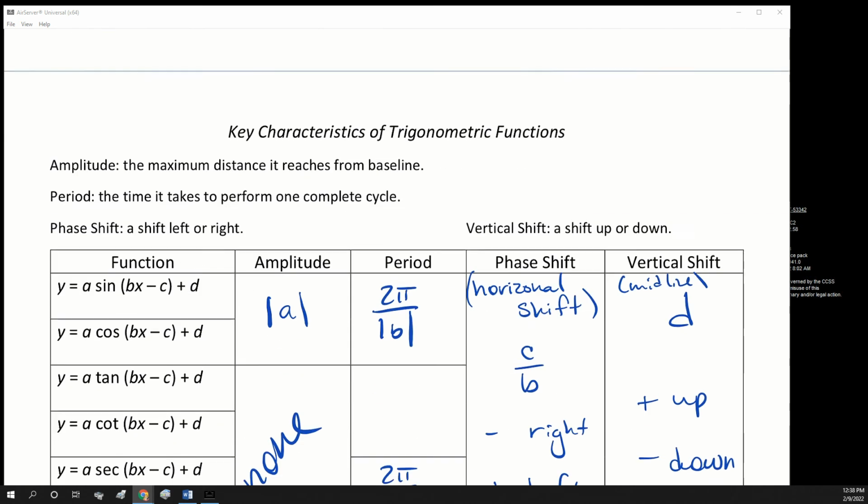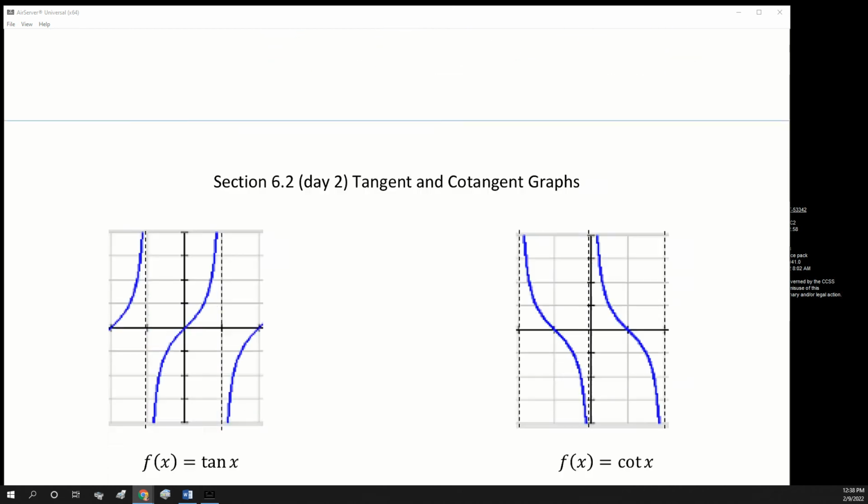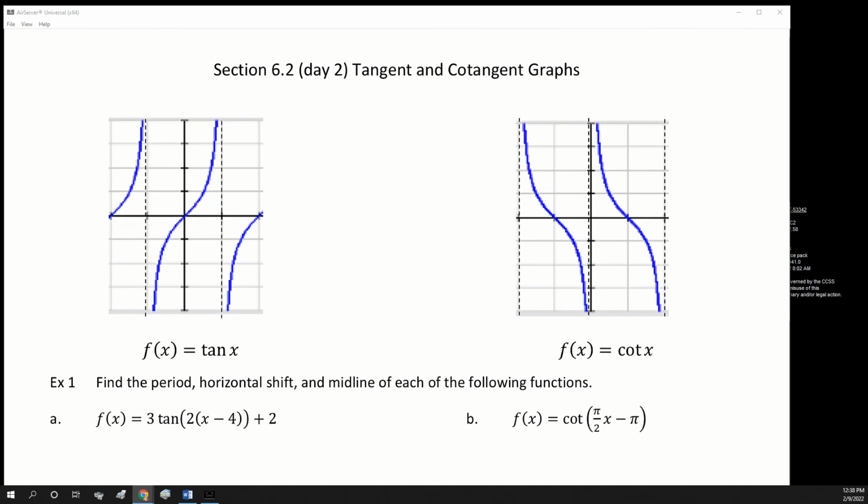All right, so on here I have the parent functions for tangent and cotangent, but I didn't label them as much as I want to. I just took this from my graphing calculator. So let's put extra things on here. Let's label the x-axis x and the y-axis y on both of them.